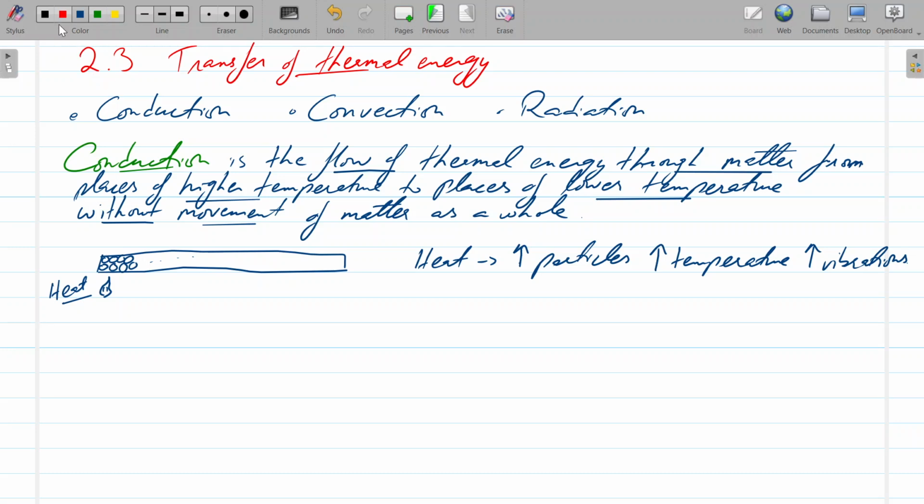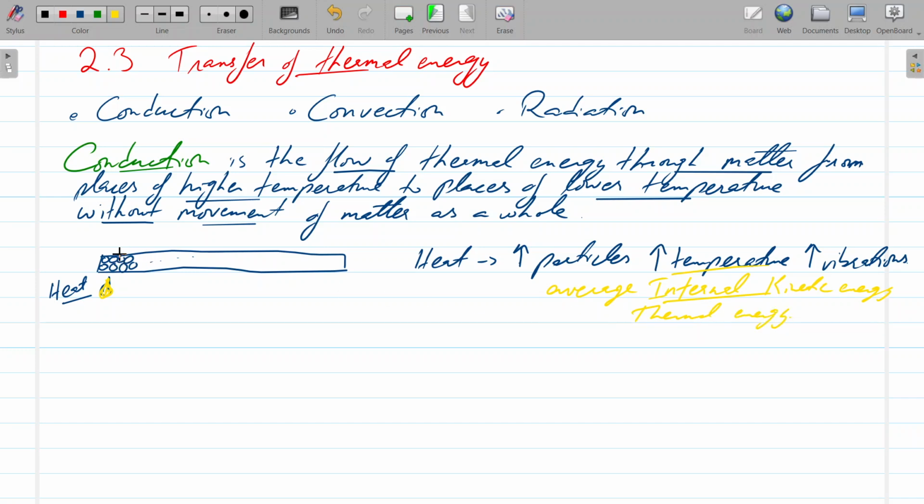And so the temperature is rising, and with that they are then transferring that thermal energy, because the temperature is the average internal kinetic energy, and the internal energy is also the thermal energy.